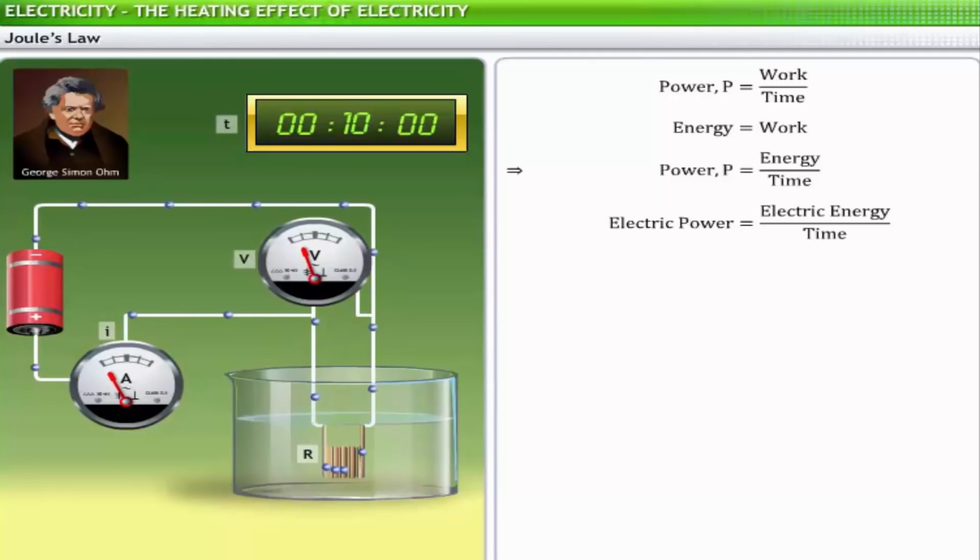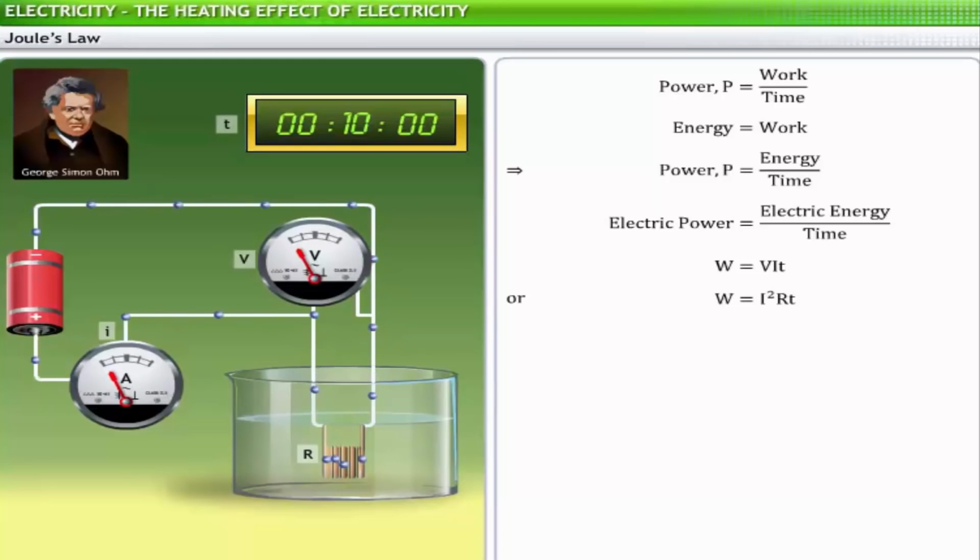We have seen earlier that electrical energy is expressed as W is equal to VIT, or W is equal to I squared RT.